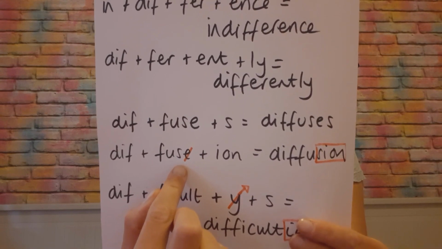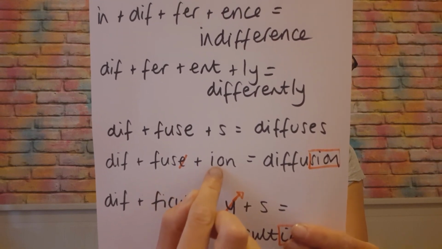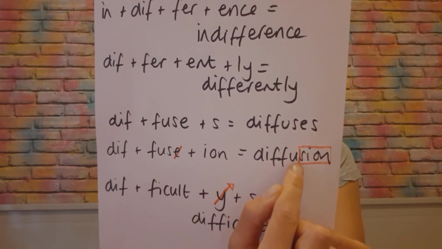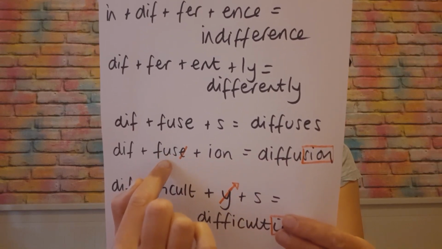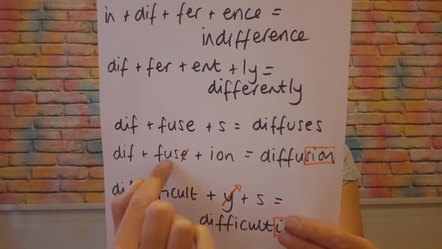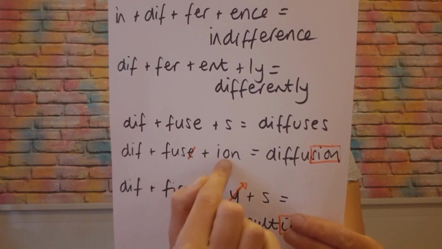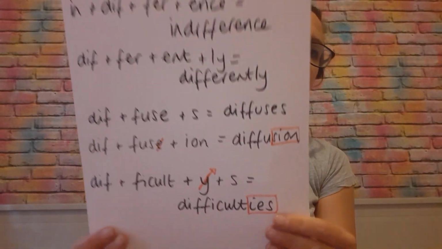So you can see we drop the E there when we add the ION. My favourite rule, the shun rule. It's an S here, not a T, because it is fused here with an S. So we've got diffuse, diffusion. Okay, diffusion is when something is basically poured away from or spreads away from something else. It diffuses. Okay, spreads out.